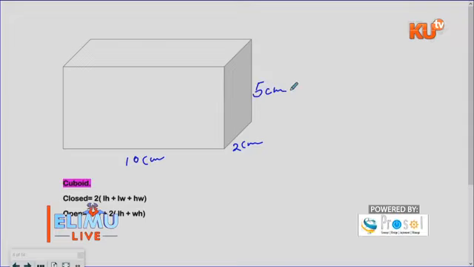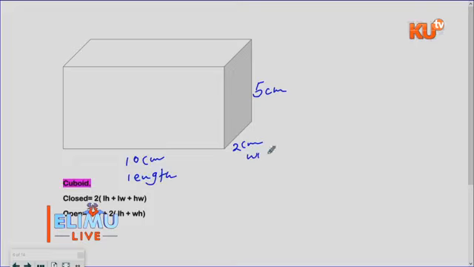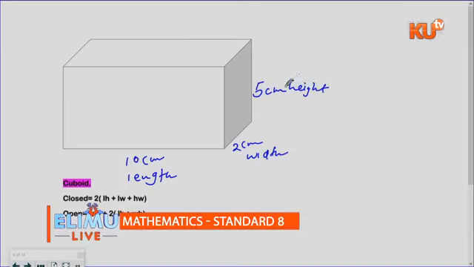So we are starting with the closed. For the closed, remember this one is length, this one is width, and this one is height. So we are going to find the area of each face, which is made of a rectangle, and then we add them all.